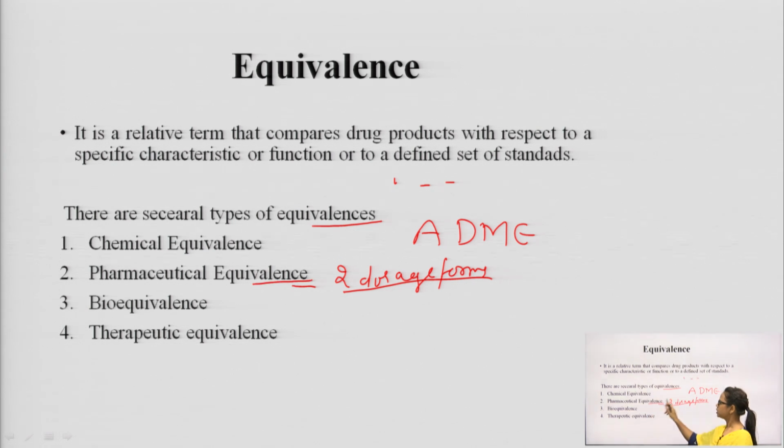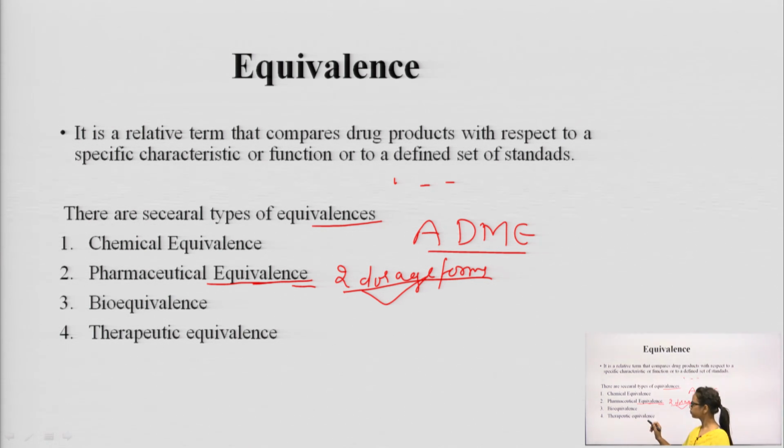So, in equivalence studies we study the bioavailability of two different dosage forms and the pharmacokinetic factors, and our aim is to find which is the best among the different dosage forms, whether suspension, liquid, or ointment. We have to conclude which is the best by studying the bioavailability and pharmacokinetic factors. So, in pharmaceutical equivalence we study comparison of two different dosage forms.